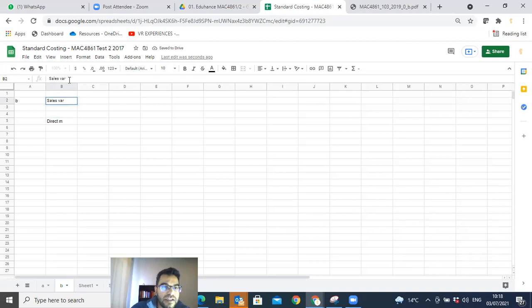There's going to be a sales variance, and a direct material variance, and in this case the direct material is cement, because they gave it to us as cement. And then we're going to have a direct labor variance.